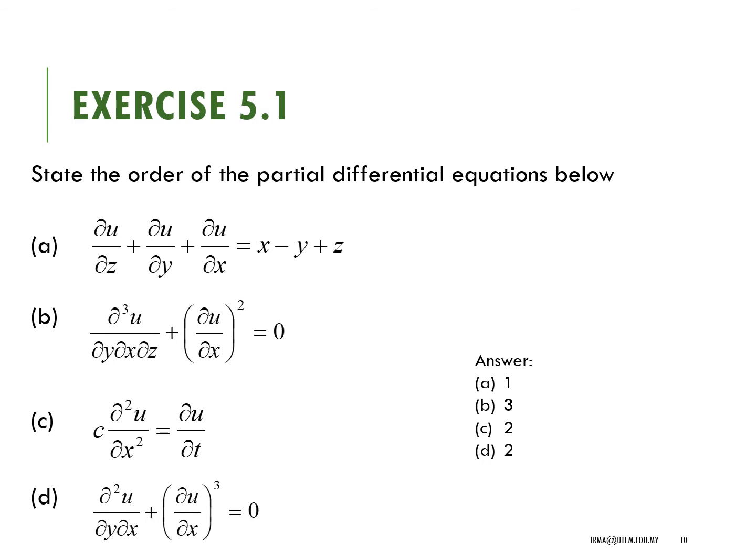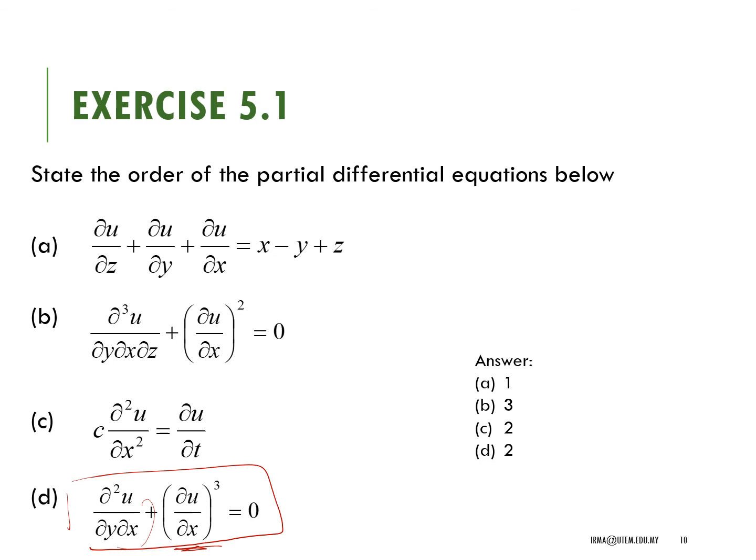I will just focus on D. If you see the equation D here, the first term is a derivative of u. We differentiate u with respect to y and later with respect to x, or actually you can differentiate with respect to x first, and then with respect to y. So this is second order. But here you have del u del x, and we have the power of 3.